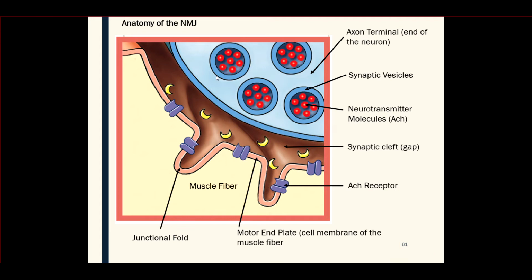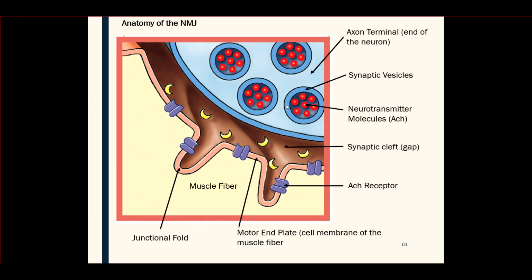So again, what are we looking at? All of the stuff in blue is the neuron. The end of the neuron, where the axon ends, is known as the axon terminal. So all of this down here is the axon terminal. Within the axon terminal, it's almost like water balloons.